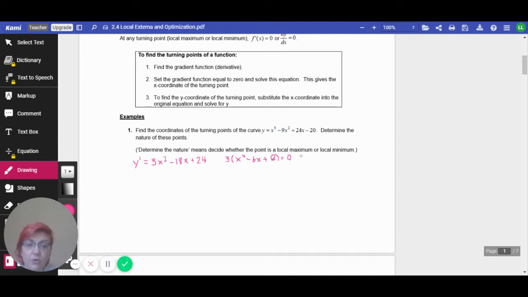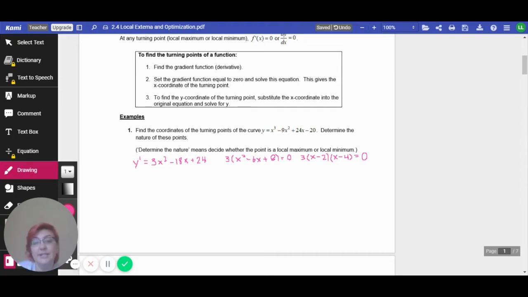And so I know that 3 times (x minus 2) times (x minus 4) must then equal 0. And that is the factored form of our gradient function.